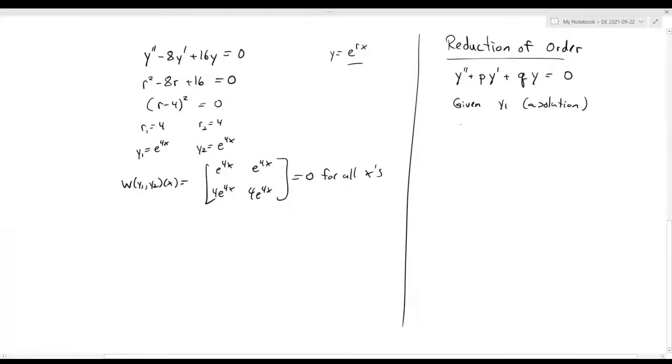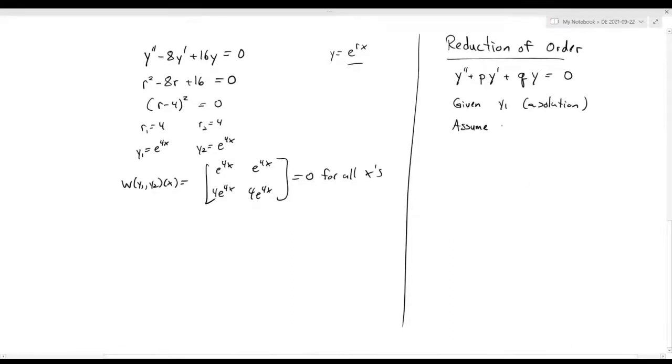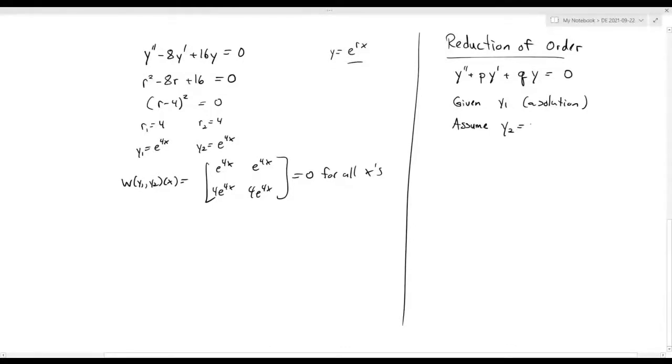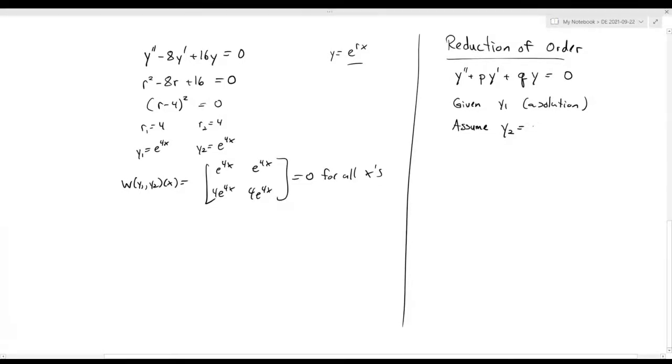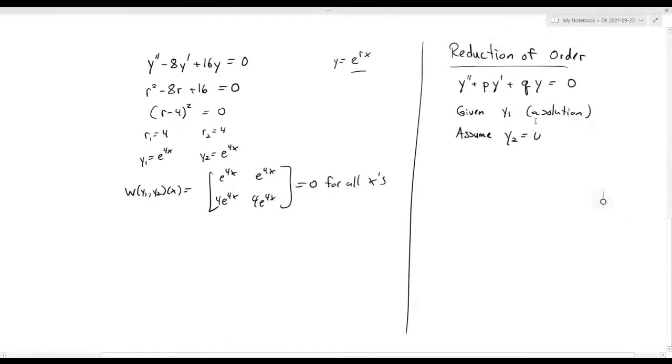What we can do, because it works, again, an assumption that turns out to be fruitful, we can assume that Y2 looks like what? Exactly. So some unknown function, what do you like to call that function? Sure. All right, Z's good. So some function of the independent variable times the first solution.